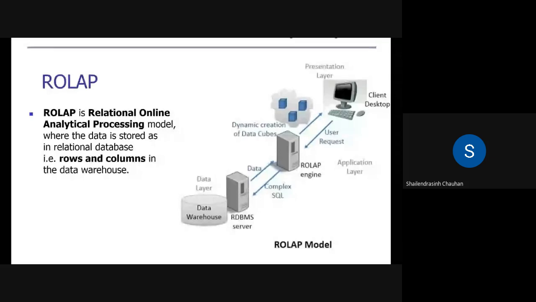After receiving that fetched data, the ROLAP engine is going to convert it into multi-dimensional data, or data cubes, at runtime. So whenever you generate a request, the ROLAP engine creates the cubes dynamically based on your request.